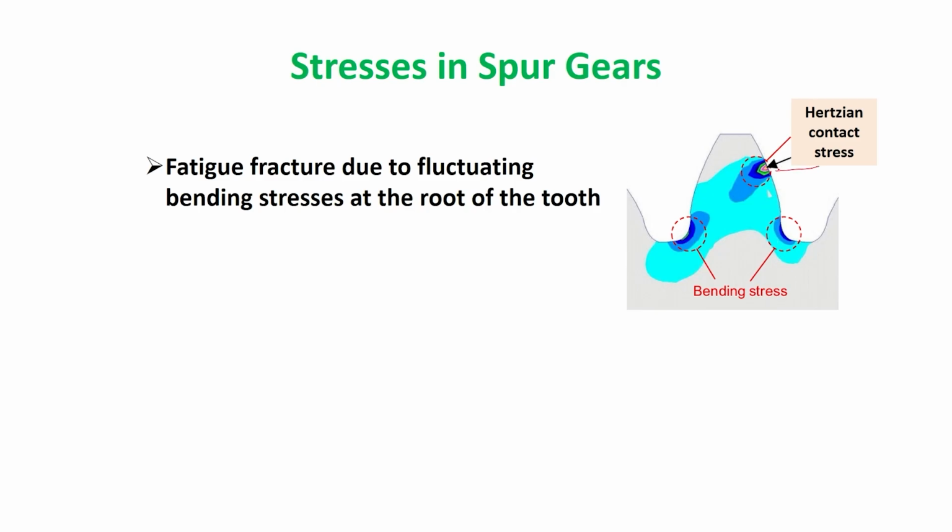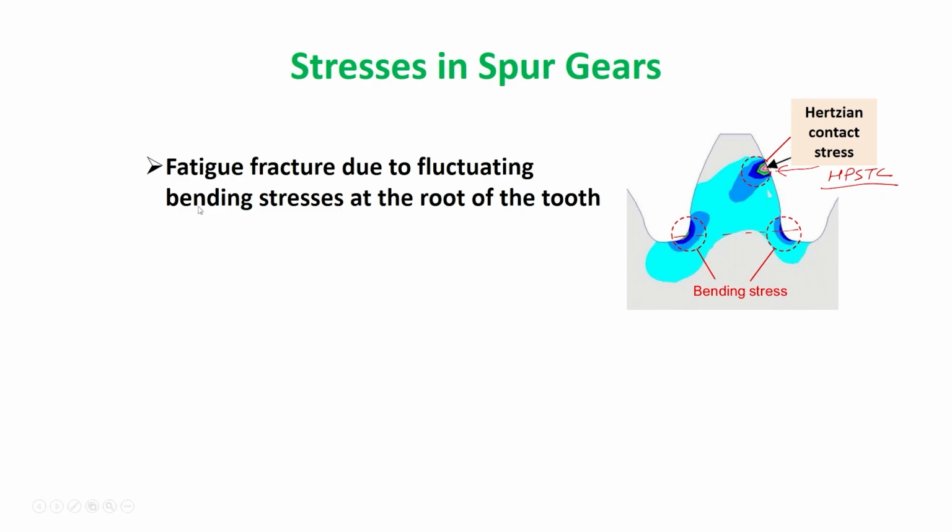Tangential force acts at the highest point of single tooth contact, and due to this the bending stresses act at the root, and the gear may fail due to this bending fatigue. So, the first one is fatigue fracture due to fluctuating bending stresses at the root of the tooth.